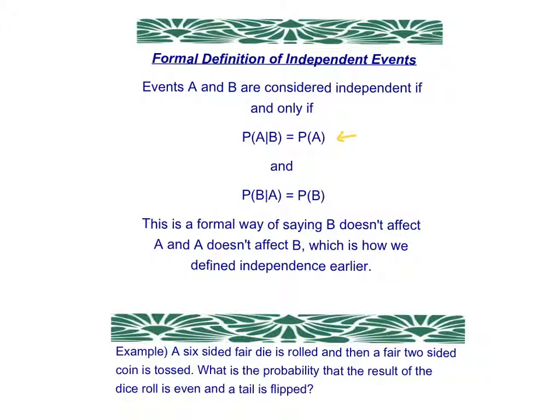What this is saying is that when I calculate the probability of A given B, and I just get the same thing as the probability of A, this means B did not affect A. And if I calculate the probability of B given A, and it's equal to the probability of B, well, this means that A did not affect B. So when I have both of these things happening at the same time, and I do have to prove both of them, then this means that A is not affecting B, B is not affecting A, and therefore they are independent events.